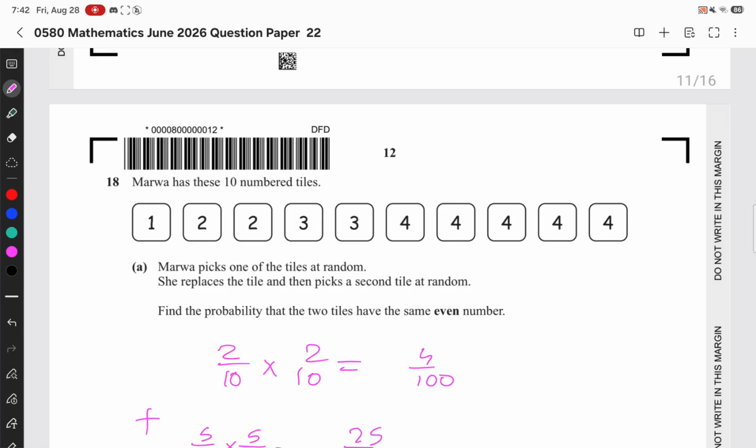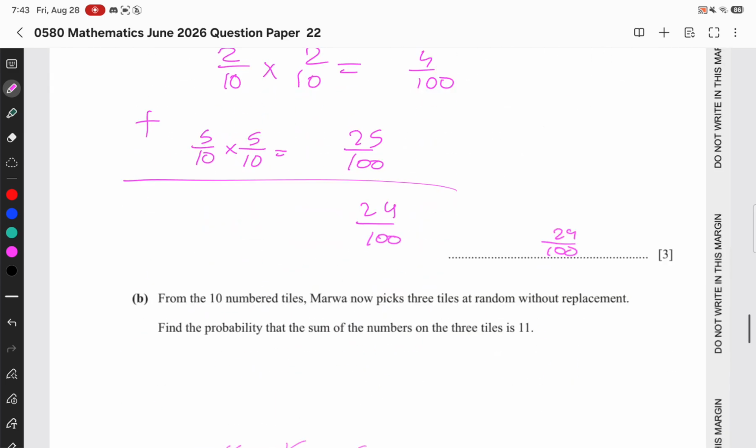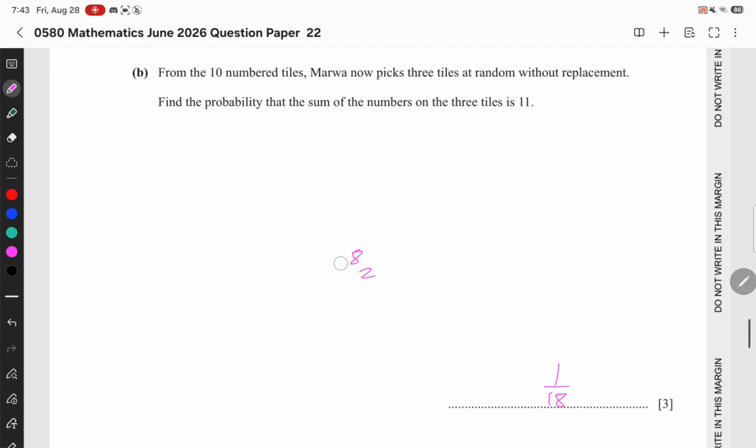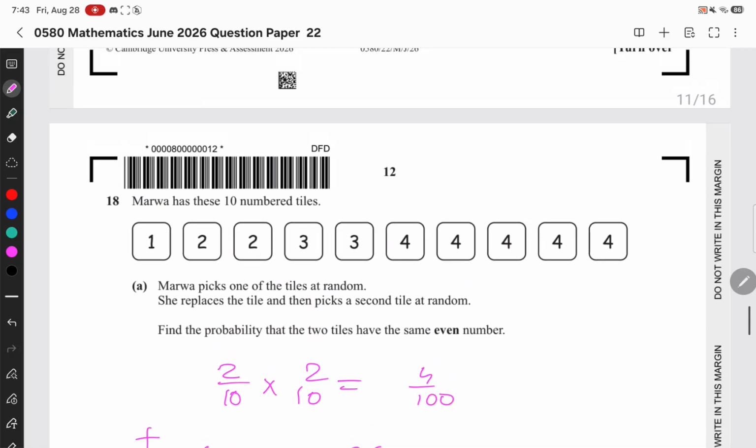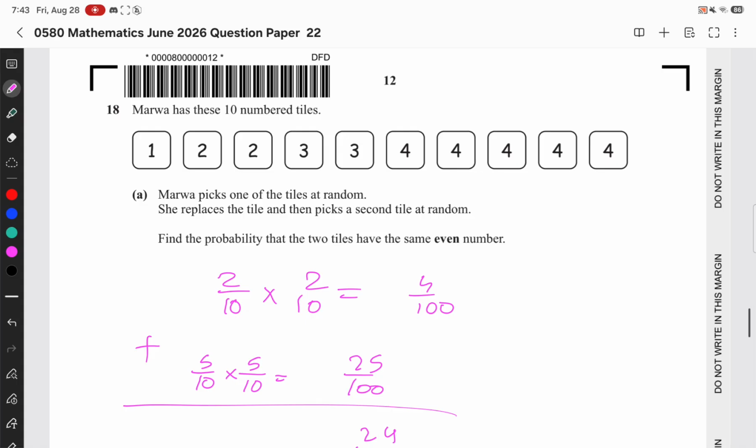Fractions, percentage, decimal equivalents. Who on earth even does repeated? Why is this 1 over 6? Why is this 1 over 6? Tell me why. Ain't nothing but a heart. Ain't nothing but a mistake.